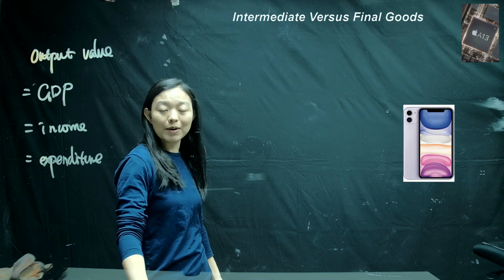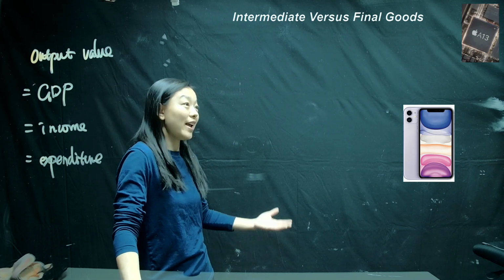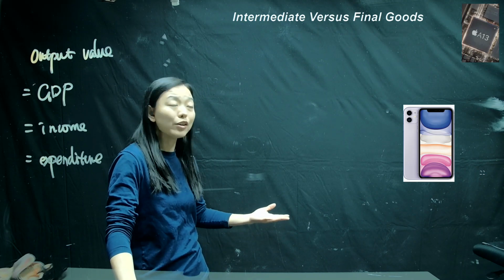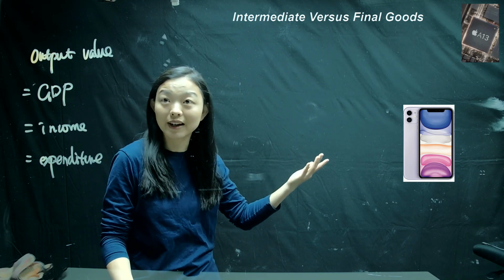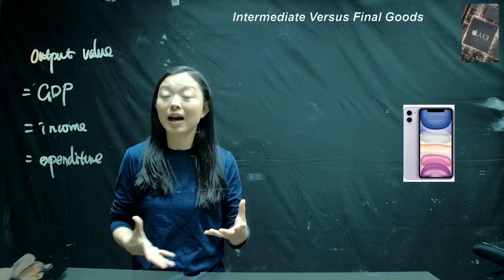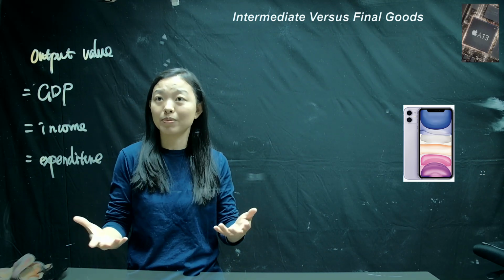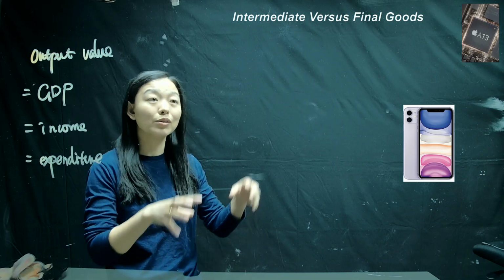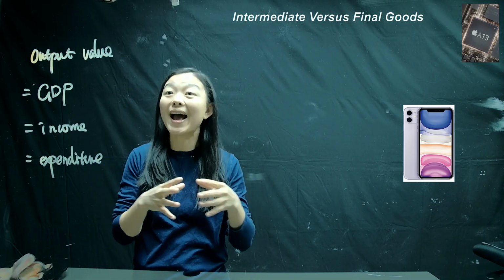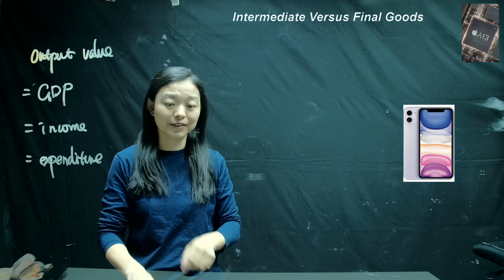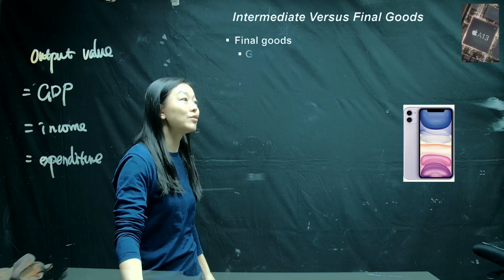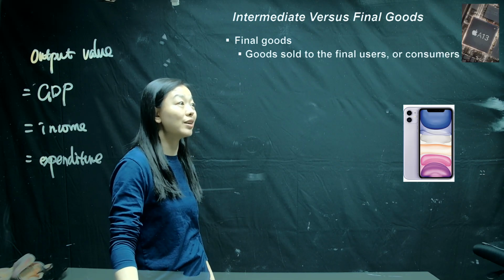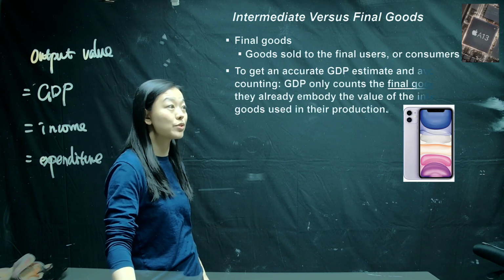We can also see, if I pay $500 or say $800 for an iPhone, I don't need to pay extra money for the chip, right? Because the $800 I paid for the iPhone already includes a chip inside. So the chip has been repackaged in the iPhone. Final goods are the goods sold to the final users or consumers.